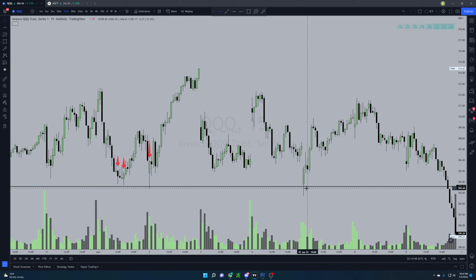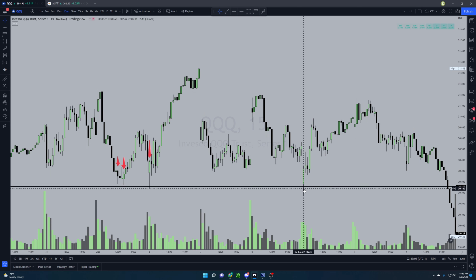So we make a pullback into this zone now. This is our buying zone. And this is why I use candle closes. If a candle just goes through our level, you stop out. But this is why you use candle closes, because look, this candle went below our level, right? And still we make this hammer and close all the way up here.